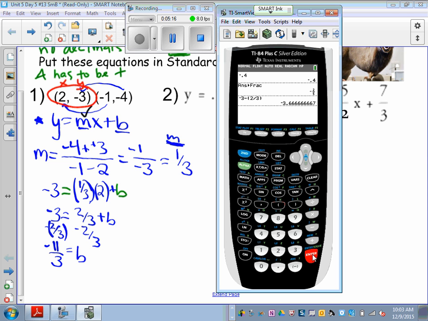Yeah, Trey, we got the same thing. Okay, now it works. -11/3. Good. Alright, so if you do that in your head like I did, go ahead. You don't have to use your calculator, but use your calculator, double check.